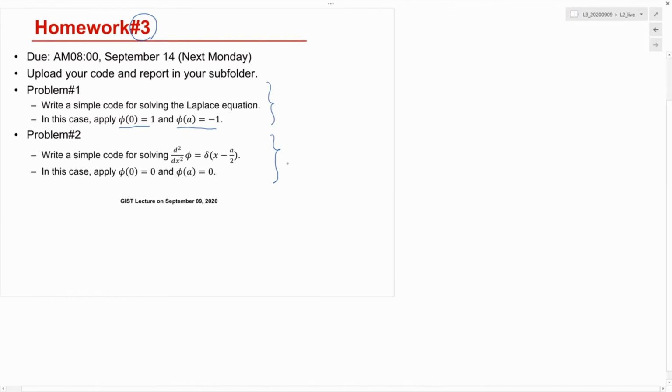This is not the Laplace equation, but I'm asking you to solve the Poisson equation. Here we have a Dirac delta function located at x equal to a half. So please think about how you can treat this Poisson equation, and I expect quite smart answers.